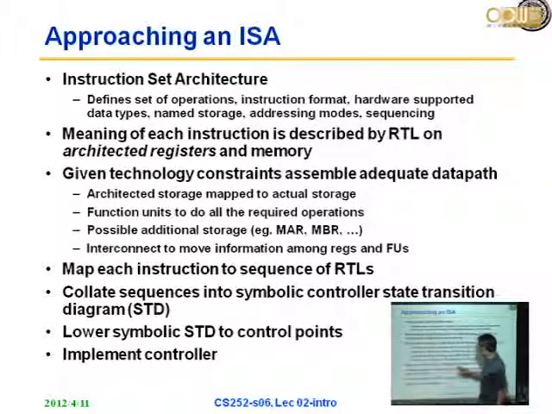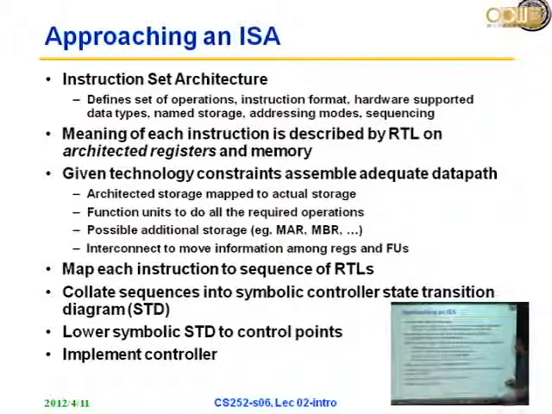Then map each instruction to a sequence of RTLs. After you have the functional block diagram, try to work each instruction out to see if your implementation or your organizational design is feasible. And then collate sequences into a symbolic controller state transition diagram. Okay, so for the state transition diagram, you have a sequence of RTLs.